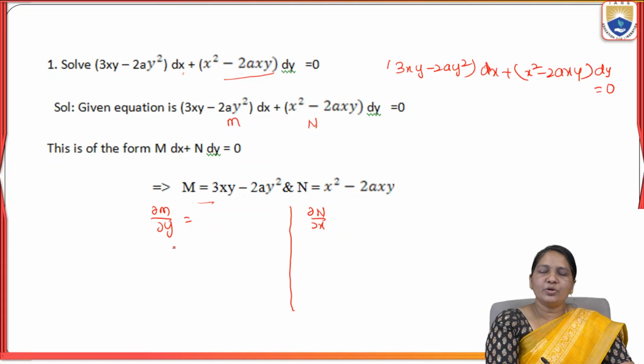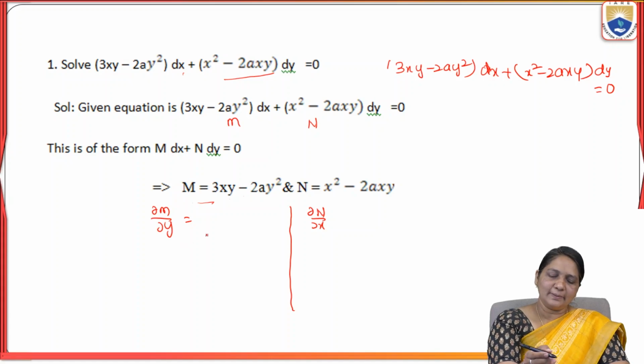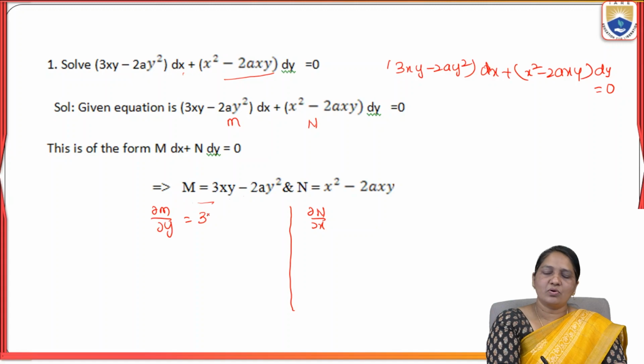So ∂M/∂y means we do the partial differentiation of M with respect to y. With respect to y, 3 is constant, x is constant, and the y derivative is 1; minus 2 and a are constant, and the y square derivative is 2y. So 3x minus 4ay.